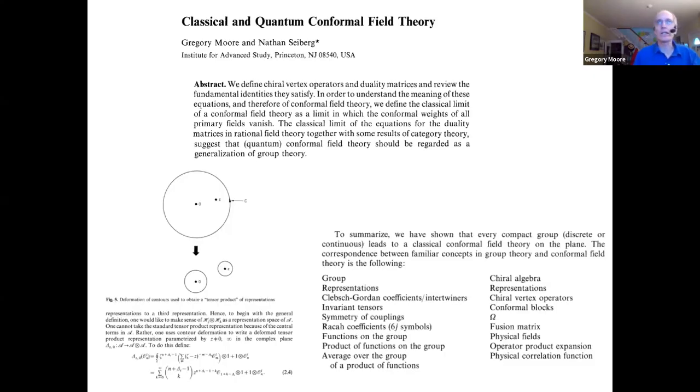But we are talking about a conformal field theory with Virasoro algebra with just the central charge c. Now, the ideas of contour deformation and so on allow you to define a different kind of tensor product, which is what we did. And so we could interpret the fusion rules as dimensions of spaces of intertwiners.